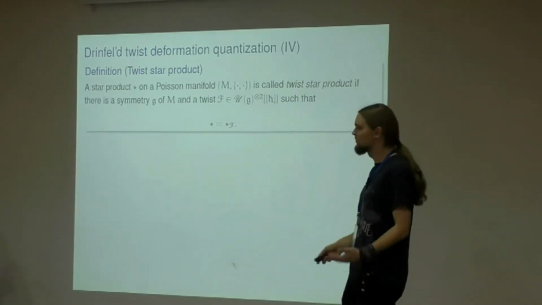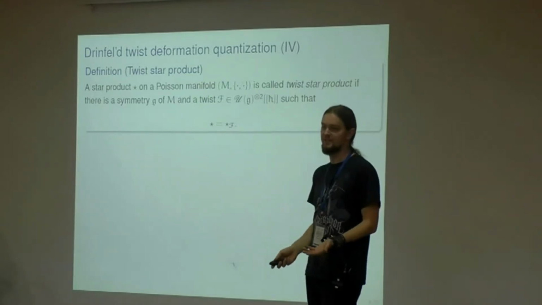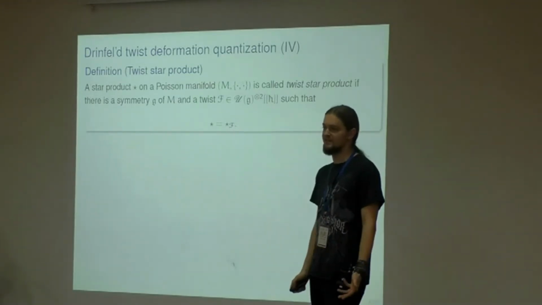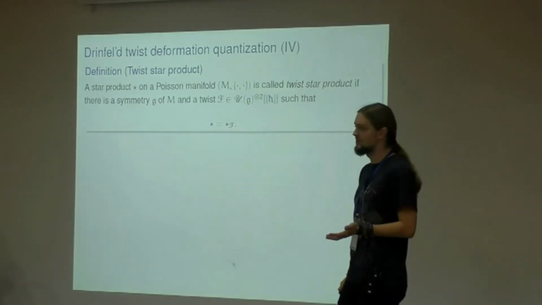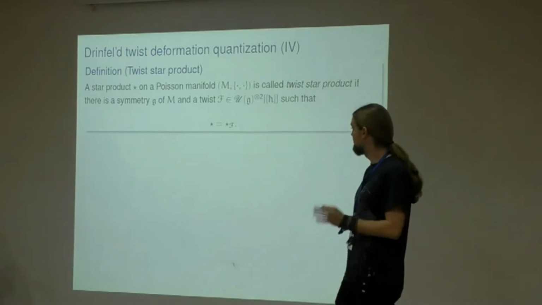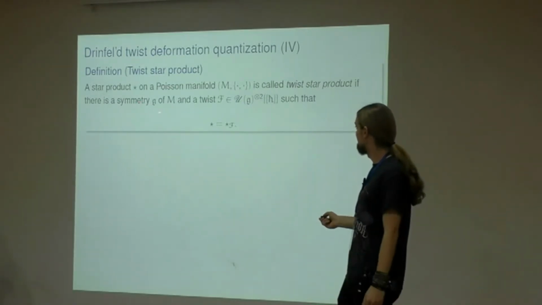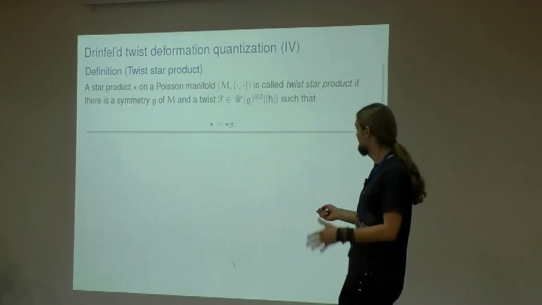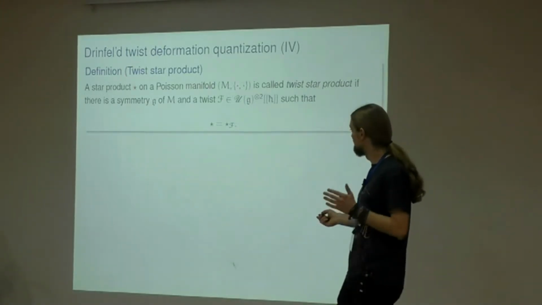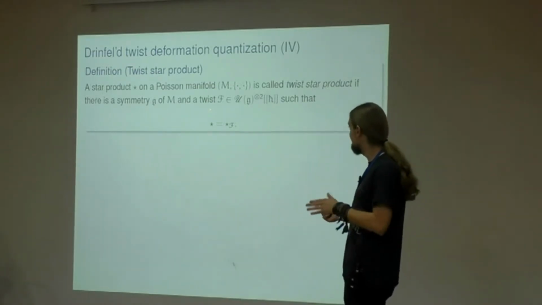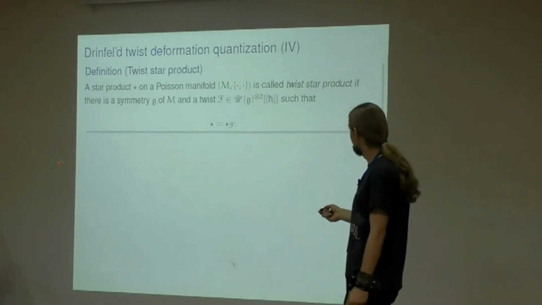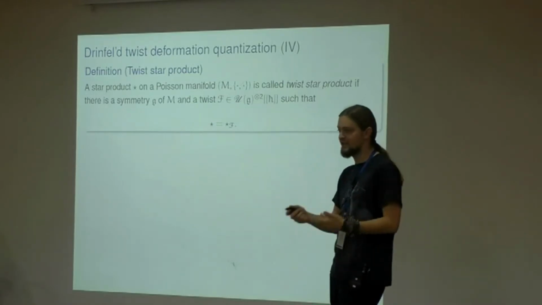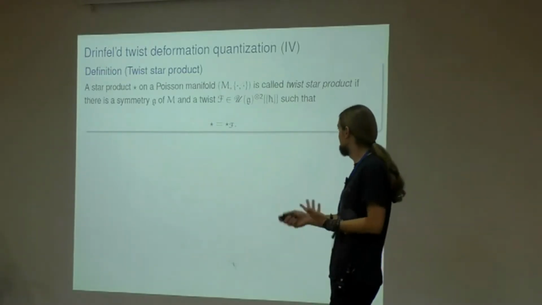And one would say no, so this would be weird, like there should be more star products than twist star products, but actually proving this is not so easy, because what you have to do is check that for all symmetries of your manifold, if you fix a star product, you cannot find any twist on these Lie algebras such that this formula holds. So you have to check a lot of things, and maybe you will never finish.